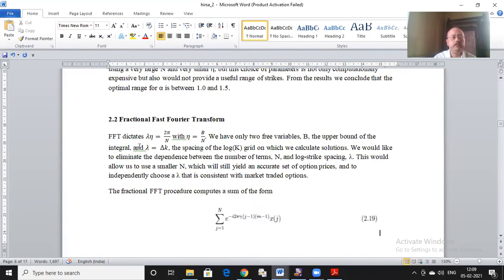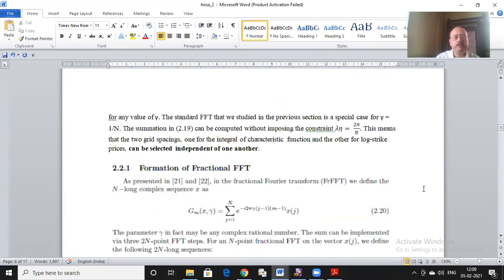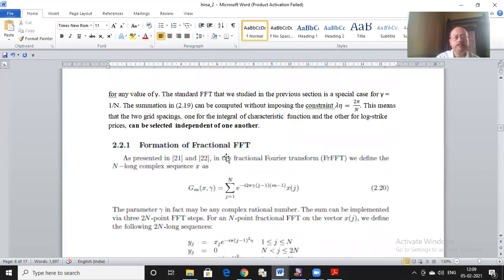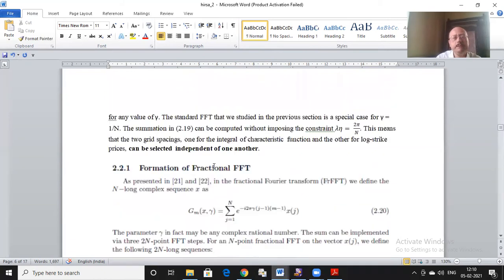Earlier, we had it frozen through this equation, lambda eta equal to 2 pi by n. So the spacings on two sides are essentially dictated one by the other. If we free it up, then we might be able to get the strike prices which we really want. Is this logic clear?